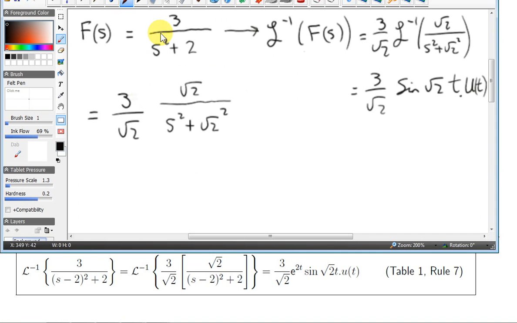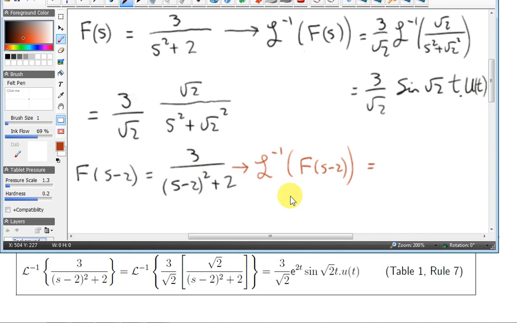Now let's get back to the problem. So here is F(s). We want not F(s), but as you can see, we want F(s−2). So that's 3 over (s−2)² + 2. So now we apply the first shift theorem. Well, we compare this to F(s+a), and we can see that a is equal to minus 2.